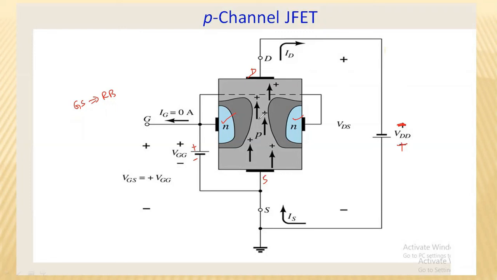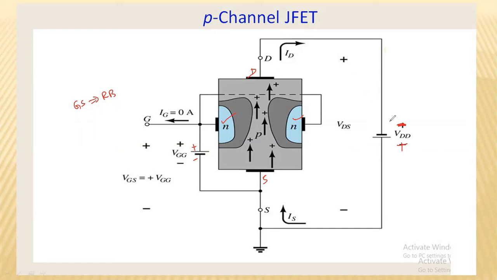In the P-channel JFET, we have holes as the majority carriers. In order to move these holes from source to drain, we need to connect the positive terminal of the supply. This positive terminal pushes the holes from the source towards the drain, and they are collected at the negative terminal.